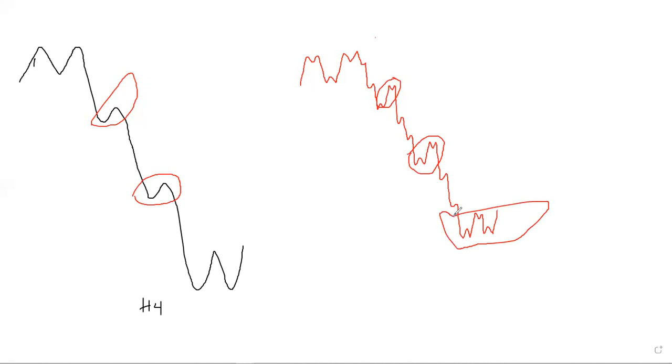This means a peak low on H4. Can you see? And this means a peak high on H4. Do we all agree to that? Are we all good?